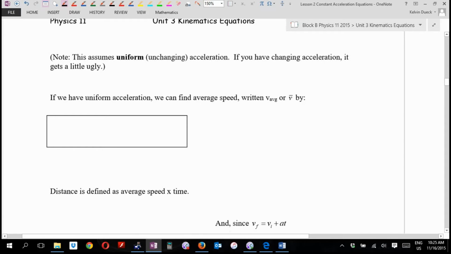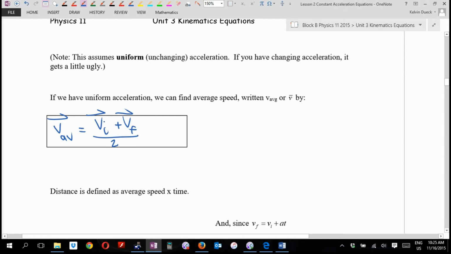So this assumes uniform, or unchanging, acceleration. I think I went on my rant last class. I said if we have changing acceleration, you really need calculus. It gets a little ugly. So if we have uniform acceleration, we can find average speed. We've turned the page, so I'll rewrite it because I'm going to reuse it. We said v average was equal to the initial plus the final divided by 2.